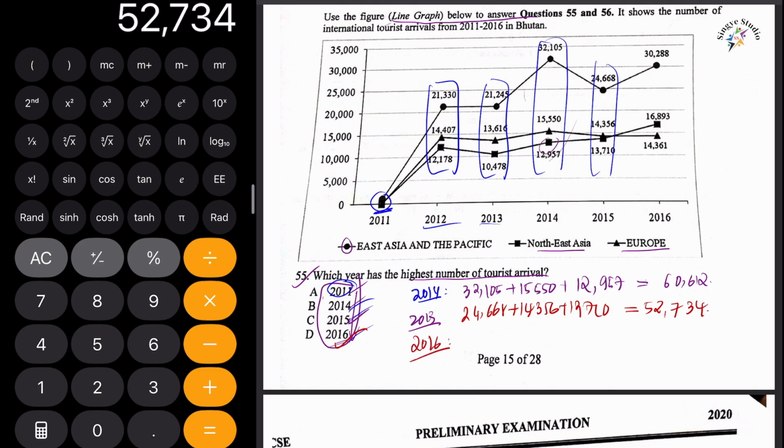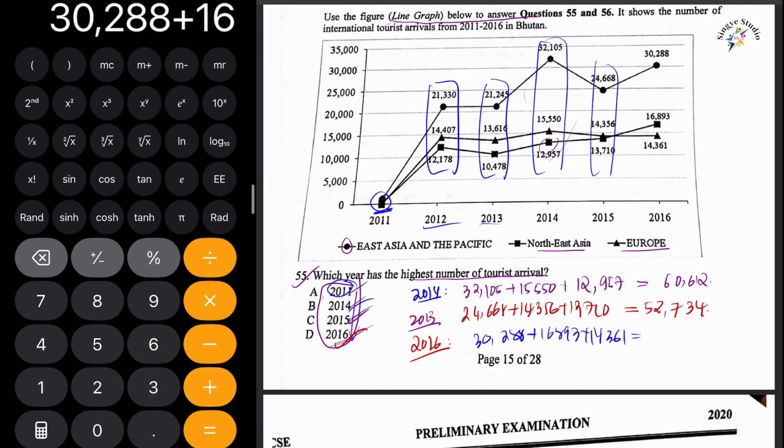And for 2016, I have to add up all these again: 3,288 plus 16,893 plus 14,361.